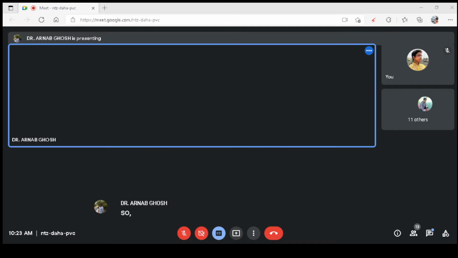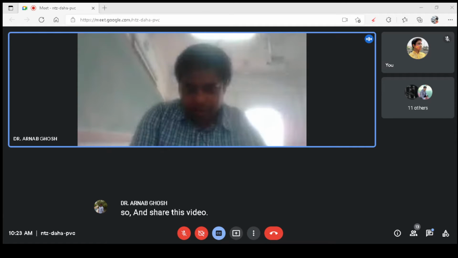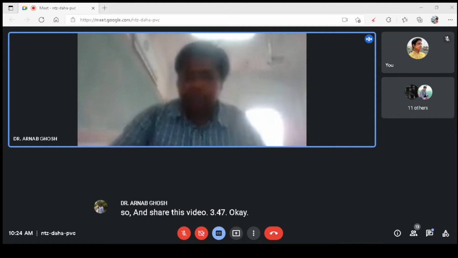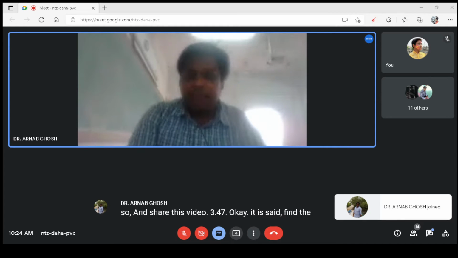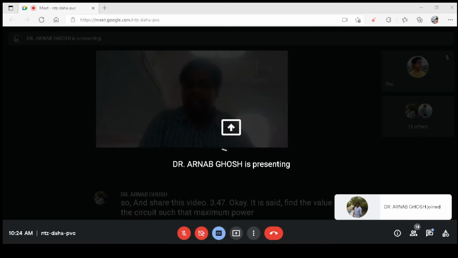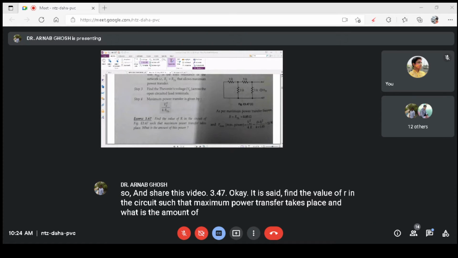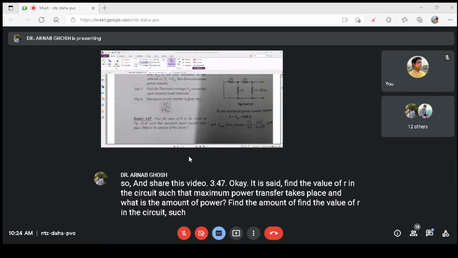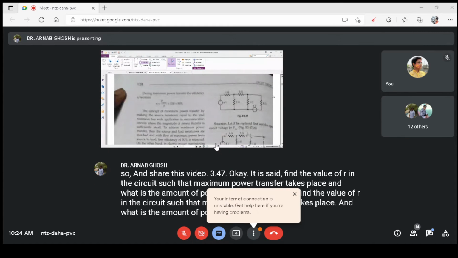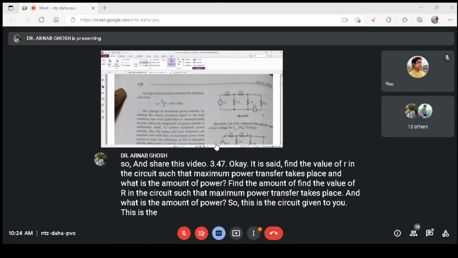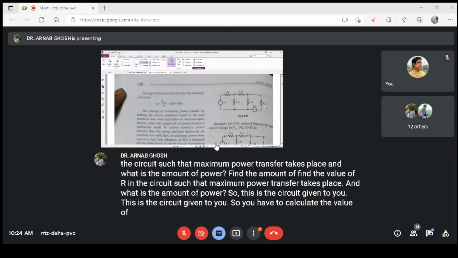So I will share this PDF now. Problem 3.47. It says find the value of R so that maximum power transfer takes place, and what is the amount of maximum power transfer. This is the circuit given to you.